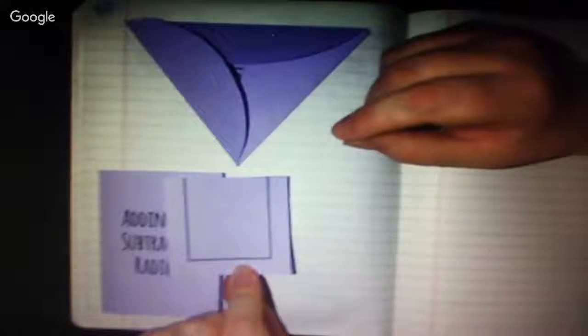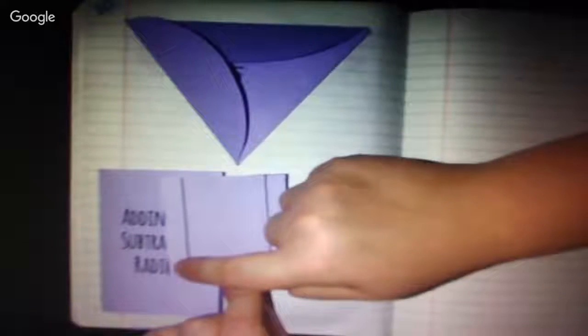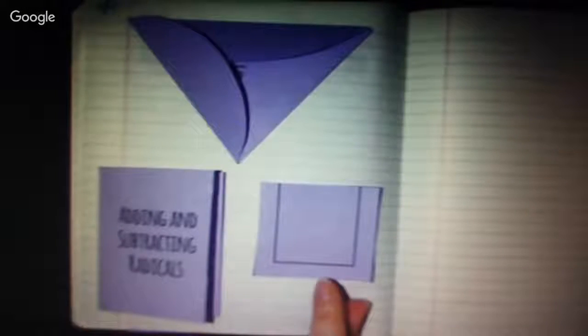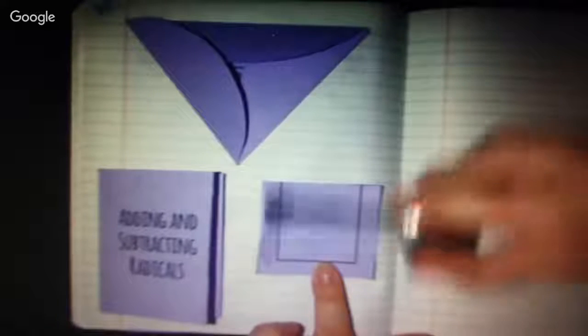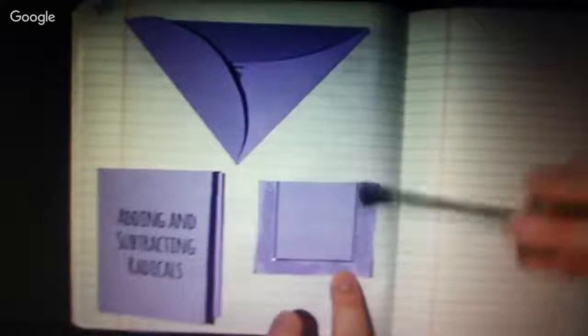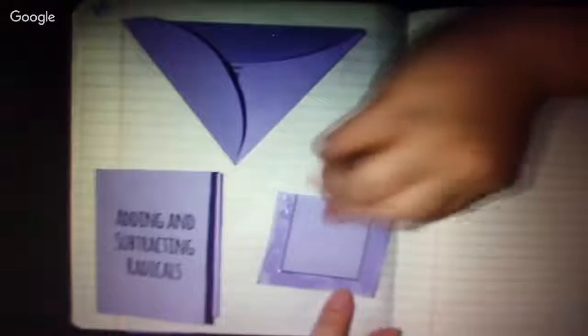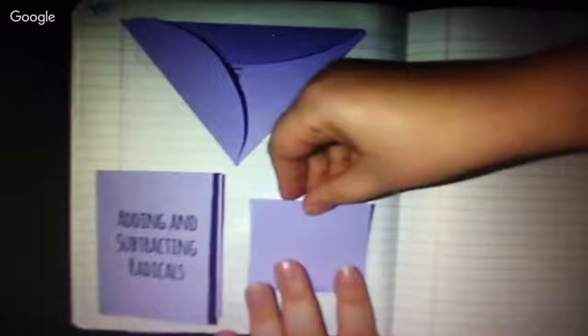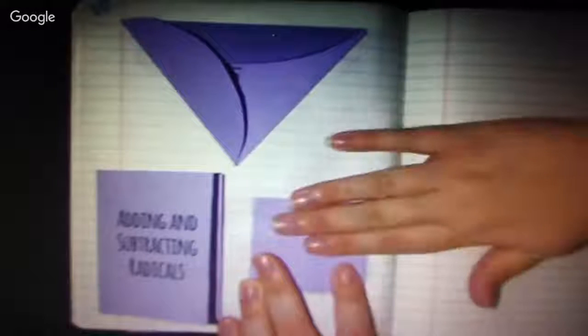You are applying glue along this thin edge on the outside, so this becomes a pocket. You're only going to put glue here and along the bottom and up this side. Leave that middle part without glue and glue it down. That way, as you finish these problems, they're going to slide into this pocket.